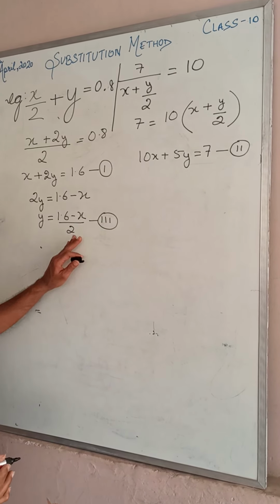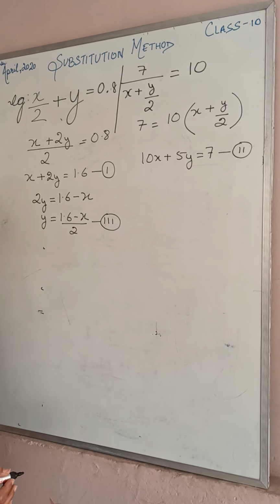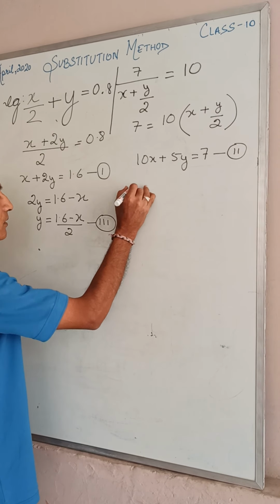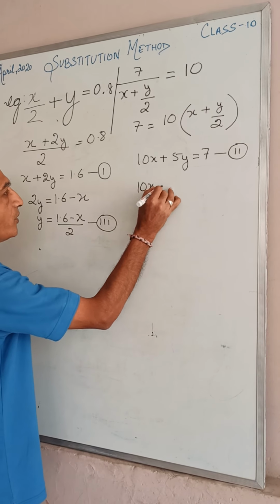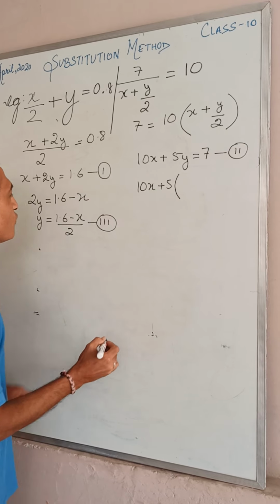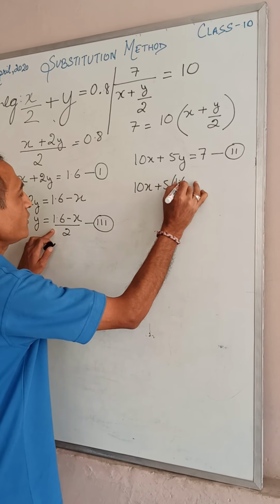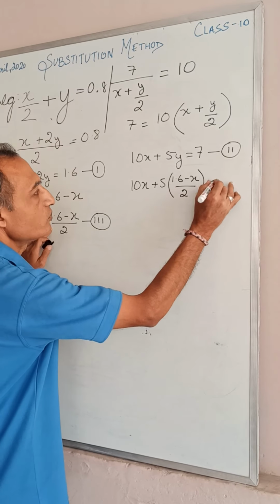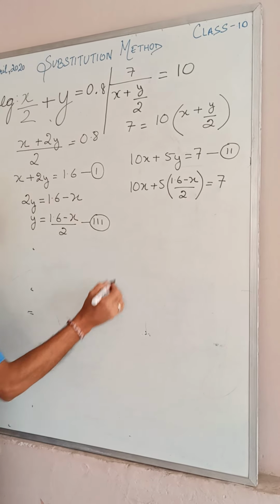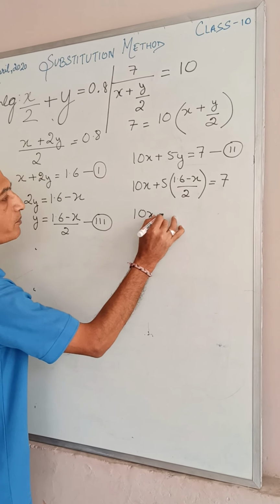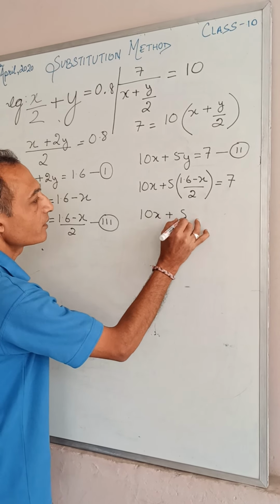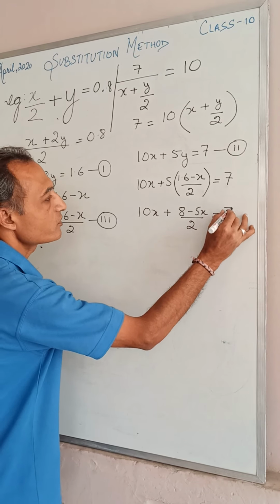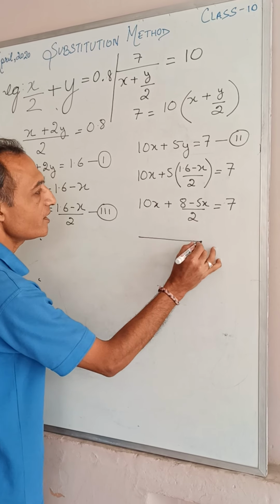Now, since I have used equation 1, I will be using equation 2 now. 10x plus 5, in place of y, I write 1.6 minus x upon 2 equals 7. I get 10x plus, now if I open the bracket, I get 8 minus 5x upon 2 equals 7. Let's take the LCM.